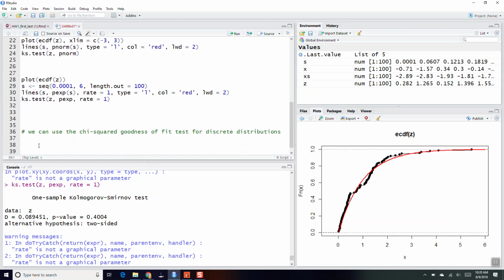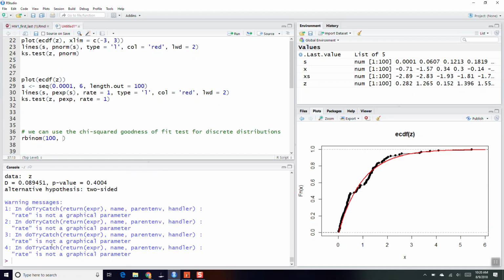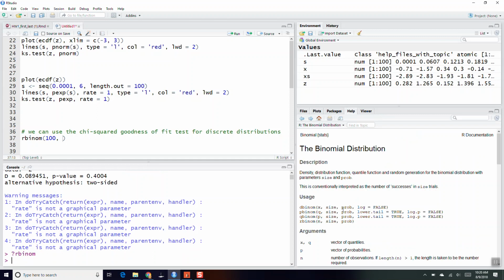And the idea here is, let's do rbinom with size and probability. So let's say you flip 4 coins and each coin has a probability of 0.5, okay?